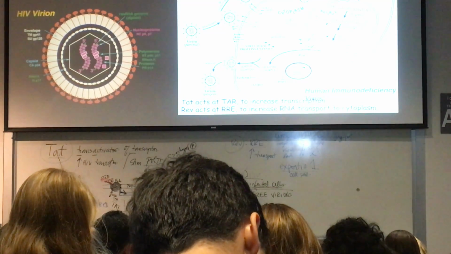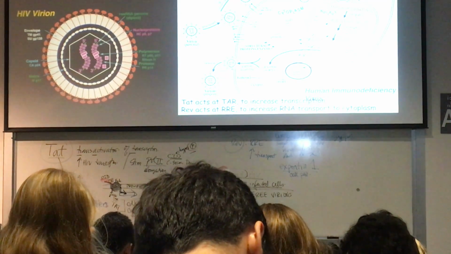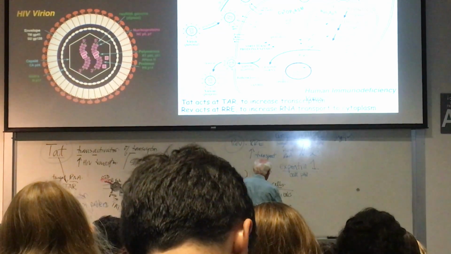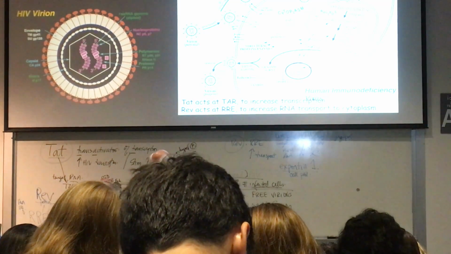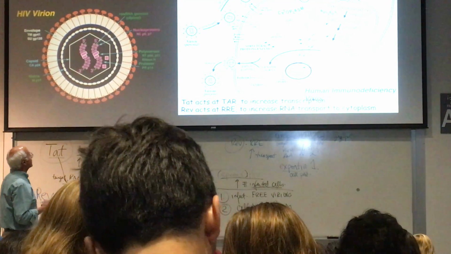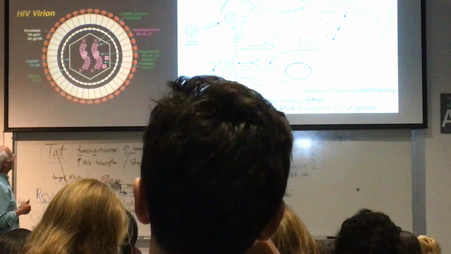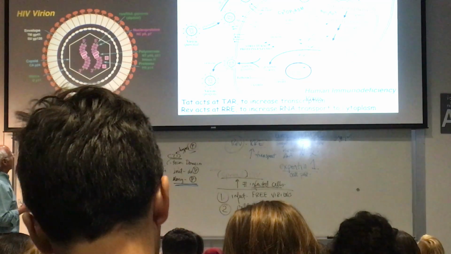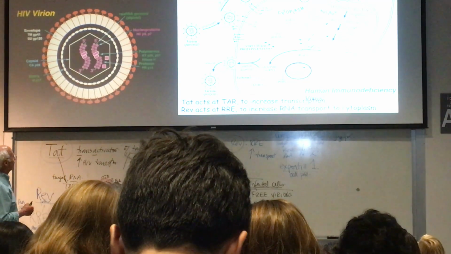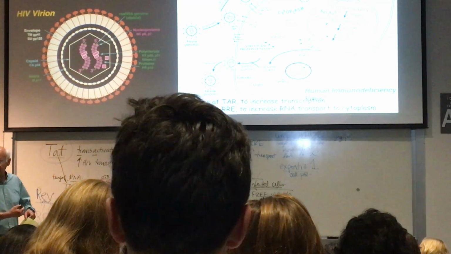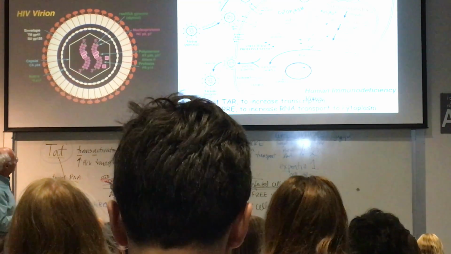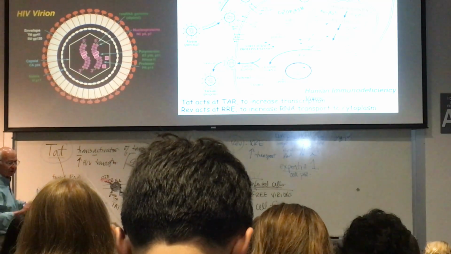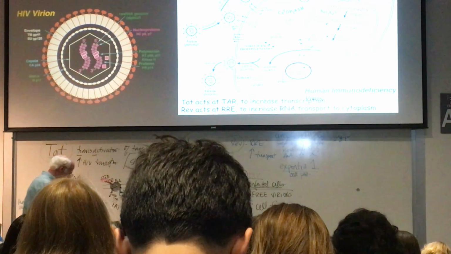A second mechanism is through cell-to-cell fusion. That is, much as GP41 mediated the fusion of the viral envelope with the cell's plasma membrane, if you have an infected T cell, it can fuse with an uninfected cell to effectively transfer the virus from the infected cell to the uninfected cell through this syncytia that's formed.